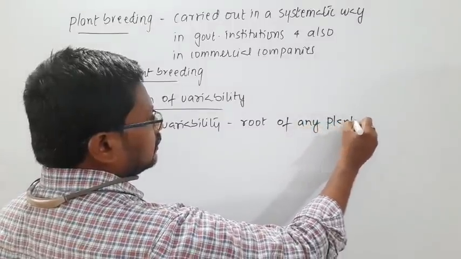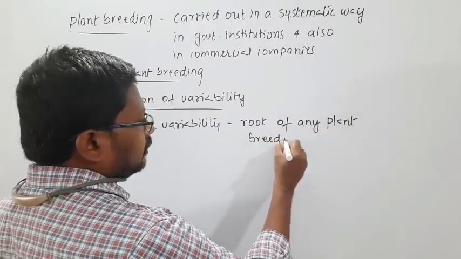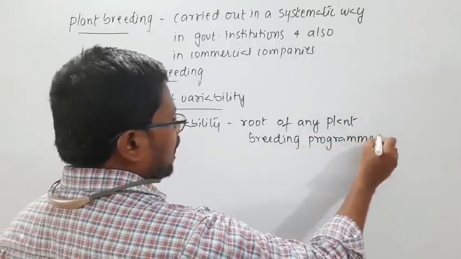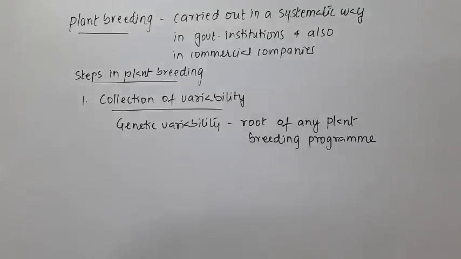So the first step in the plant breeding program is to check the plants for variations in the genes. That's what we call genetic variability.